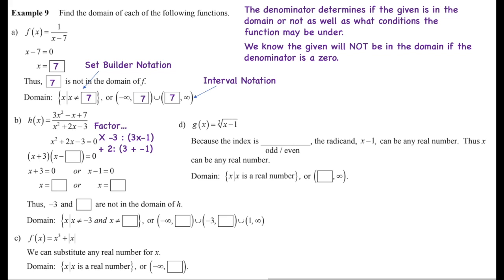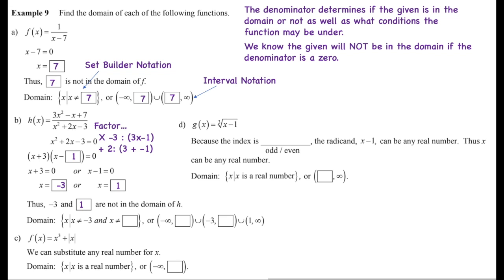So our two binomial factors are x plus 3 and x minus 1. Now that it's factored, we can set each factored piece equal to 0 and solve, giving us -3 and 1. So -3 and 1 are not in the domain because they would result in a 0 for our denominator.